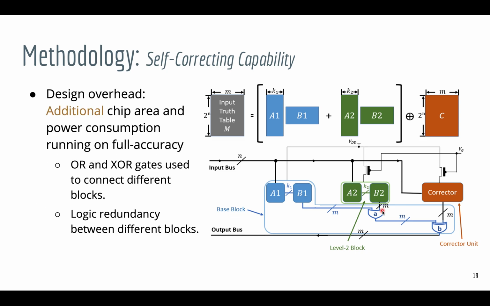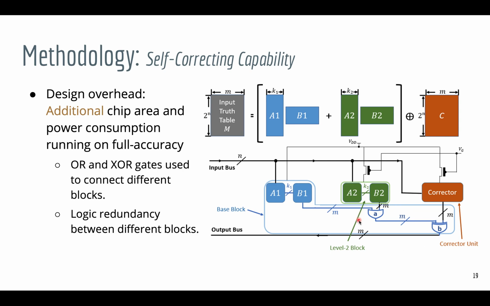For a runtime configurable circuit, an important criterion is design overhead, which is defined as additional chip area and power consumption running in full accuracy mode. In the RUCA methodology, design overhead mainly comes from 2 sources. 1. To implement the addition algebra and the character circuit, additional OR and XOR gates are used. 2.